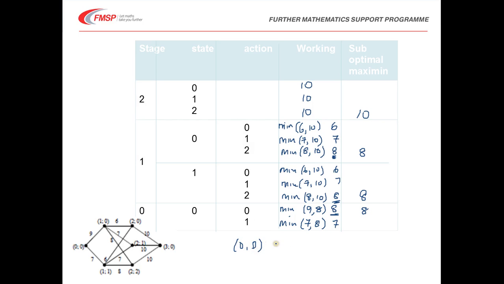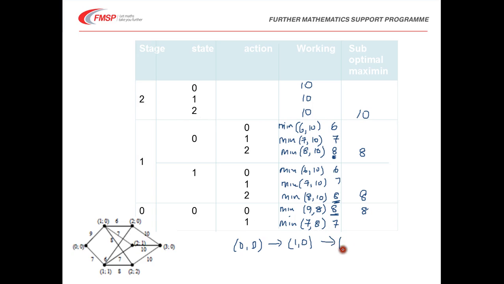It's important now that we can just work our way back and see how we're going to actually do it. So by doing action 0, that will take us to 1, 0. So we'll come up here. So we're using 0, 0, and that is going to take us to 1, 0, and 1, 0 then is going to take us, we've got that from action 2, and that's going to take us back up to here, which is 2, 2.